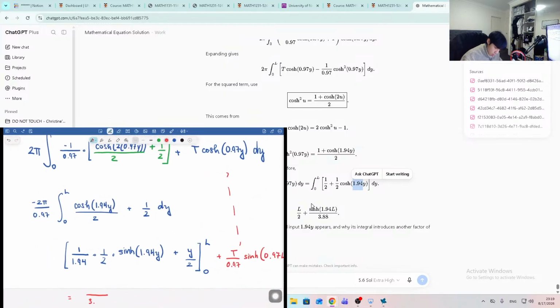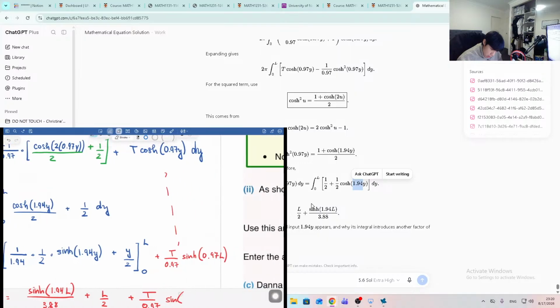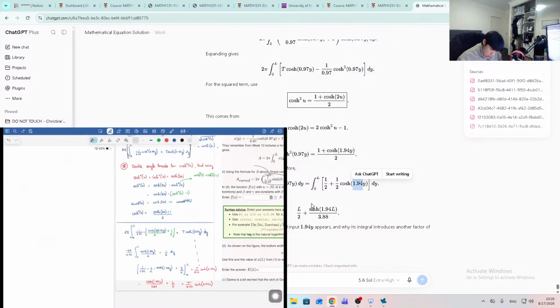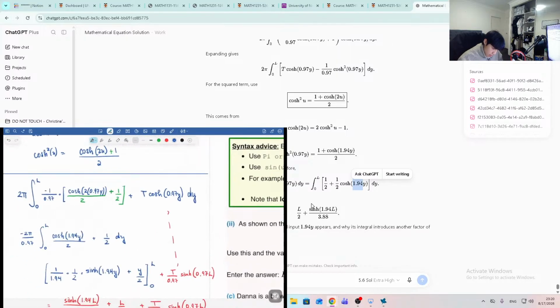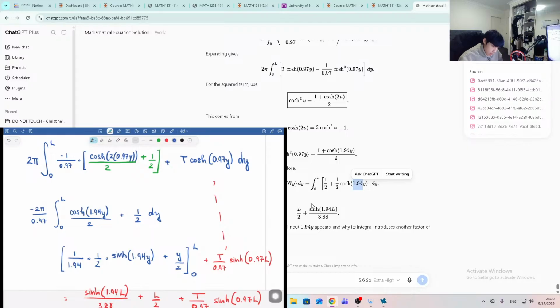So 3.88 shine, 1.94 L plus L on 2. But there's also this.